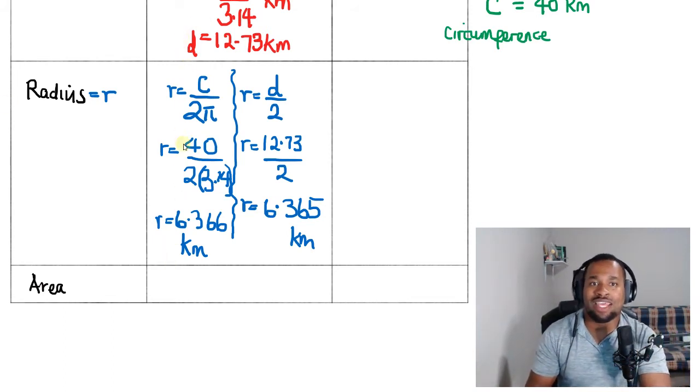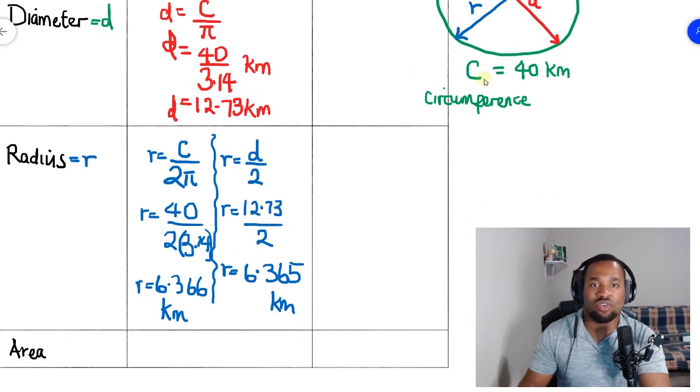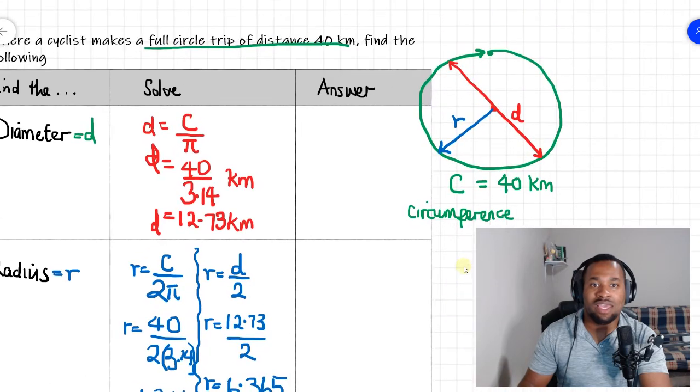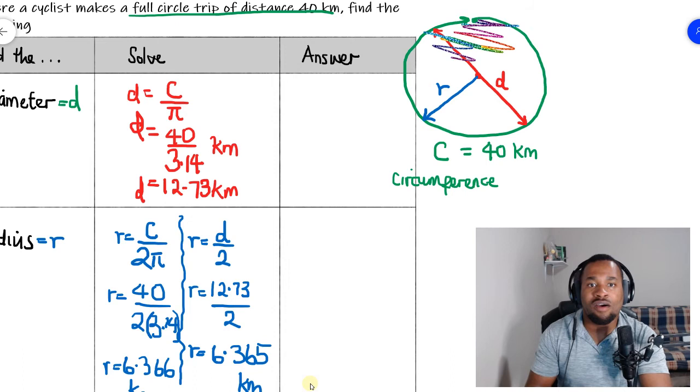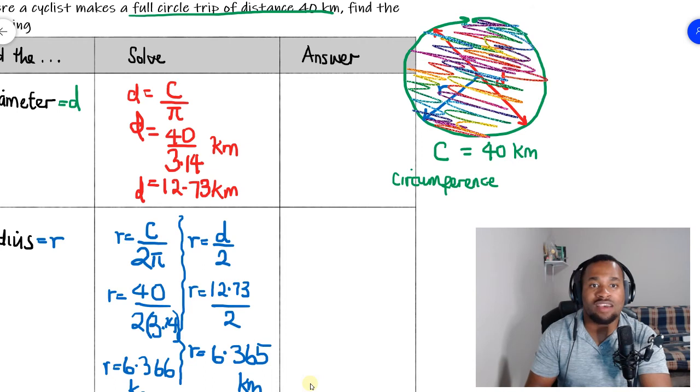And we know that the area is the specific space that our specific shape occupies. So all these regions right here, all this space that this particular cyclist occupies to form our circle is called our area.